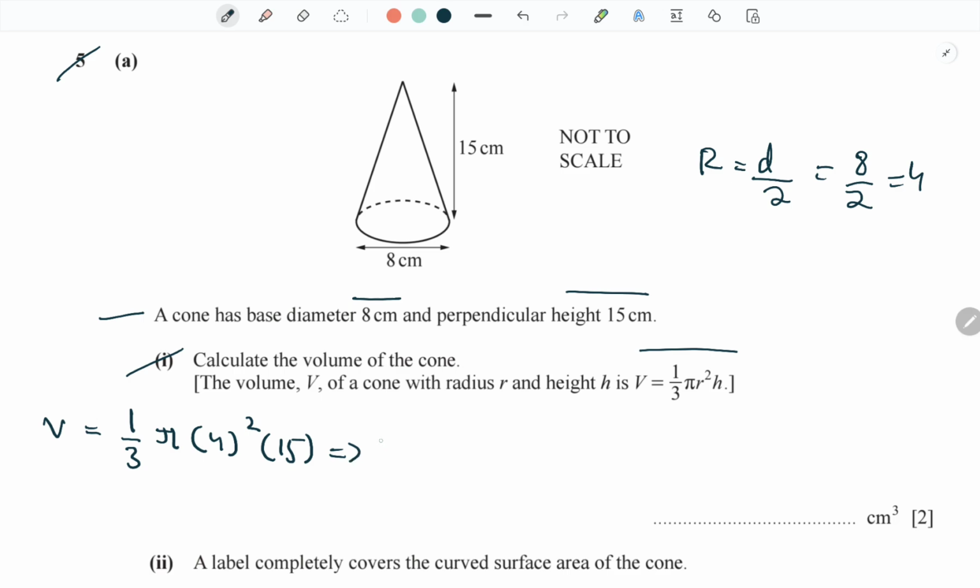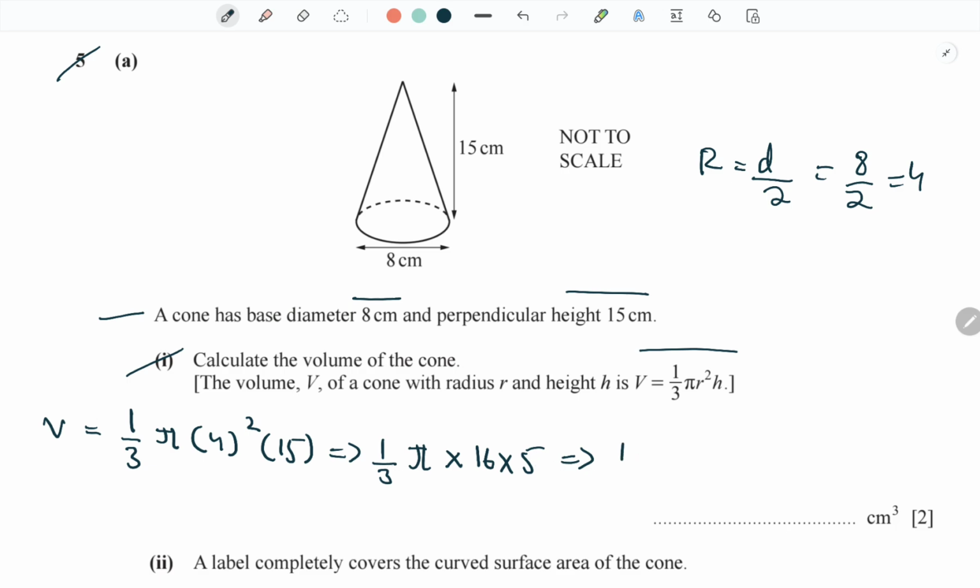Now we further simplify this. 1/3 pi times 16, because 4 squared is 16, and then 16 times 5. So I write 16 times 5 in the next step, divided by 3.